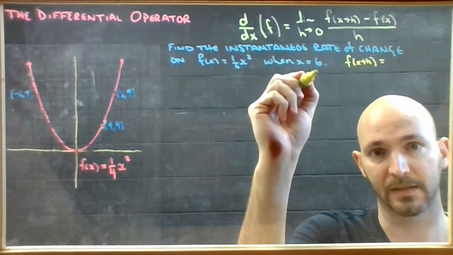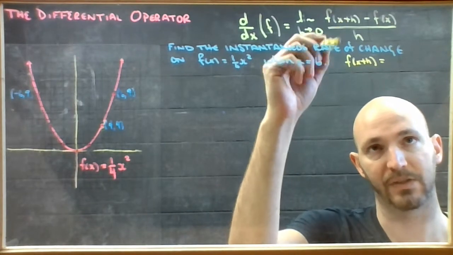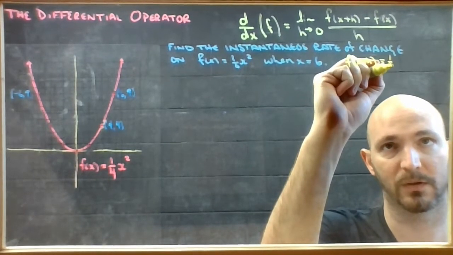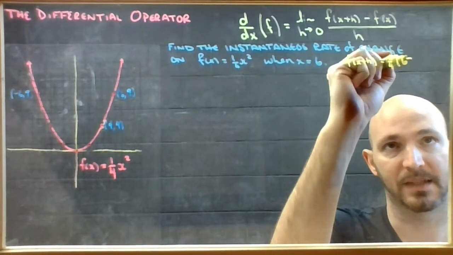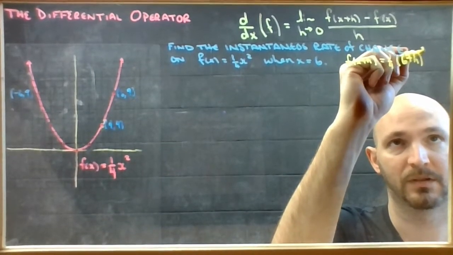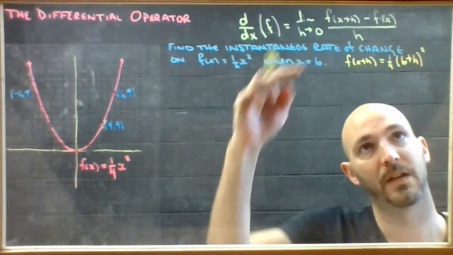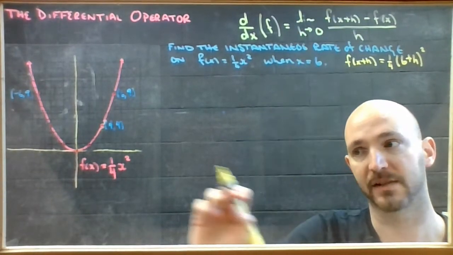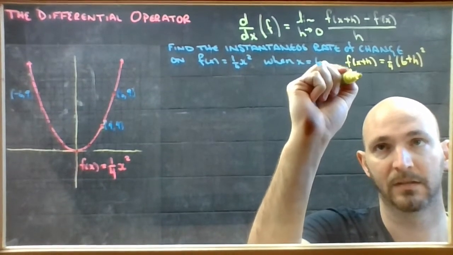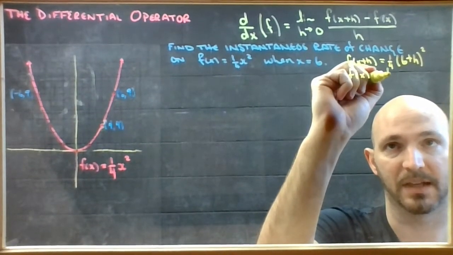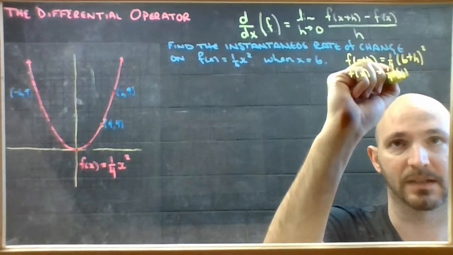I know the x is 6, and I've got this silly h in there. So I have to write 1/4 of the x I'm using plus this silly h, squared. And then this thing, f at x, would be the function when x is 6. So f at x is going to be replaced with 1/4 of 6 squared.